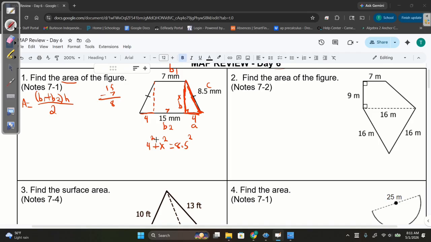And we solve this out. Subtract 4 squared from each side. And then take the square root of each side to get rid of the square. And I end up getting a height of 7.5.